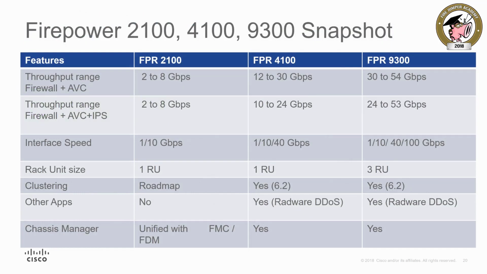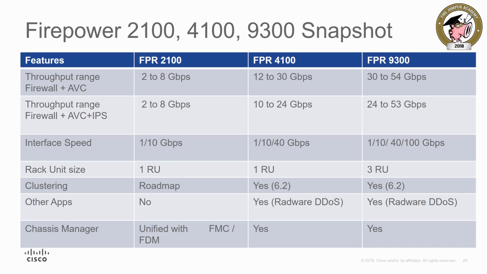So in terms of the Firepower 2100, 4100, 9300 in a snapshot, this can give you an overview around deployment, and looking at the form factors, whether you can cluster, and so on and so forth. So really the 2100 is a mid-market option for internet edge or small data center scenarios, addressing those scenarios.